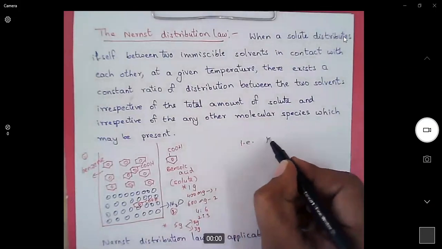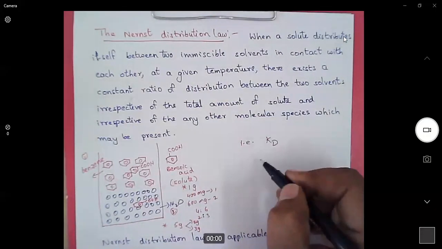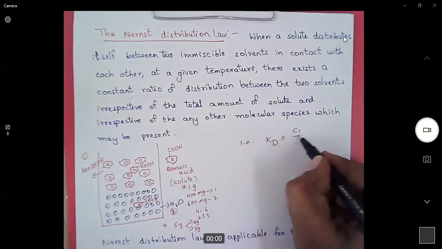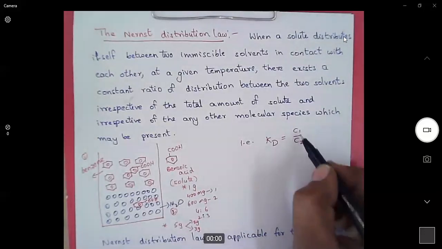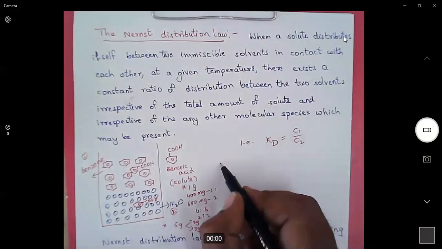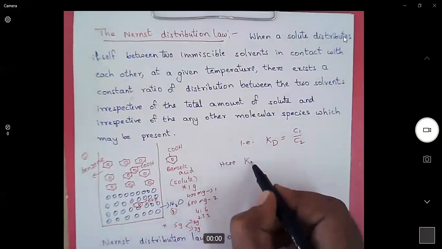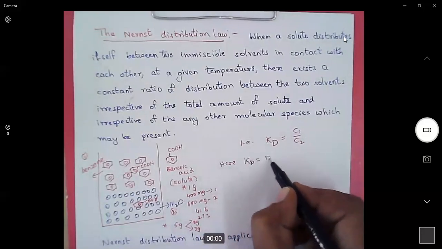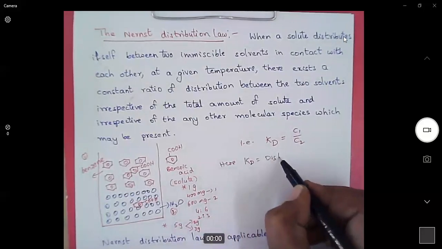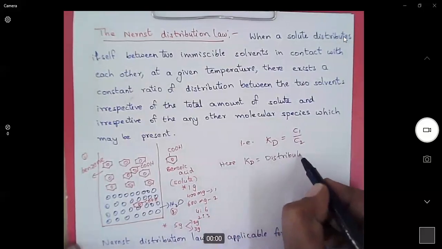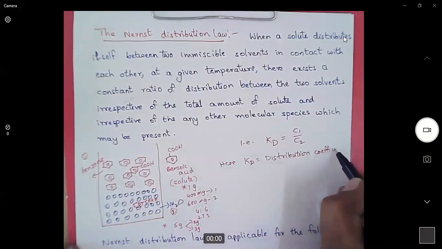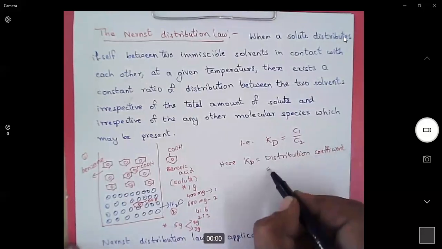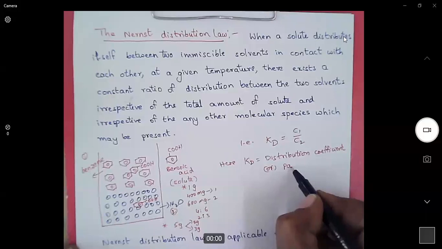That is, the distribution coefficient Kd is equal to the ratio of concentration of solute in the first solvent by concentration of solute in the second solvent. Here Kd is the distribution coefficient, also called the partition coefficient.